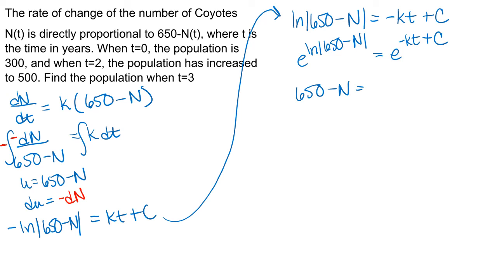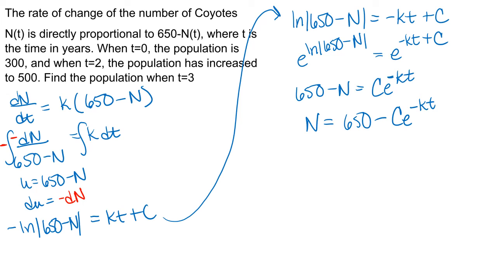Like the previous example, this e to the negative kt plus c becomes c e to the kt. We can add n to both sides and subtract c e to the kt from both sides. So we now have n equals 650 minus c e to the negative kt.